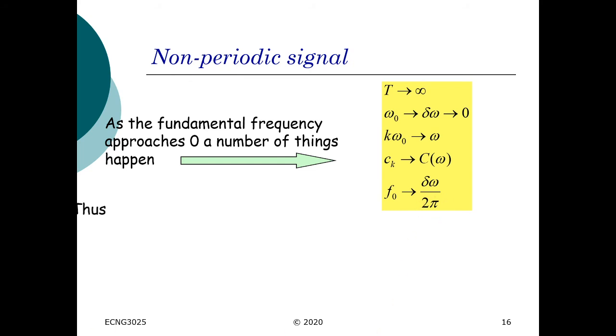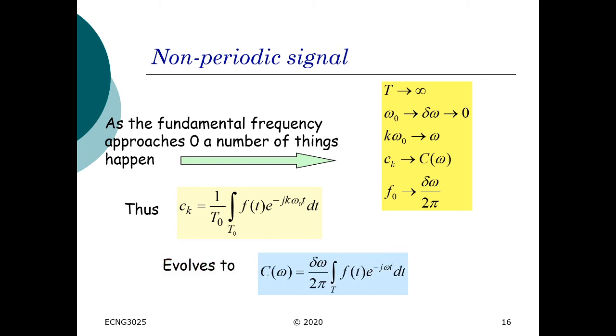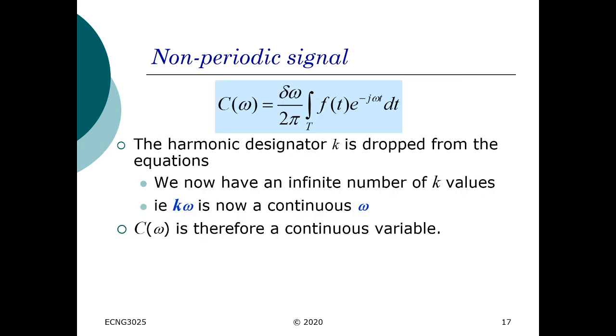So as such, if we apply all these limits into our general c_k form here, being the complex exponential form of the Fourier series, what happens is that this evolves into our c omega form here. Now, one thing to note is that in the c omega form here, there's no k factor.